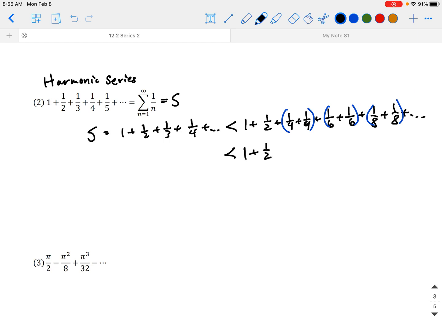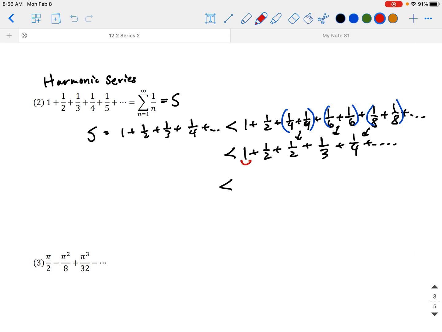So we've got 1 plus a half, and then 1/4 plus 1/4 is 2/4. 1/6 plus 1/6 is 2/6, which is 1/3, and then 1/4. So that's going to continue on, which means I'm going to have 1/2 plus 1/3 plus 1/4 plus 1/5. And so we've really reconstructed our series here.